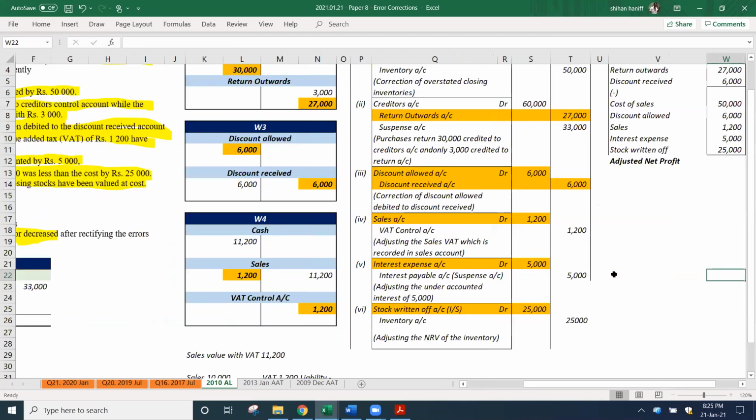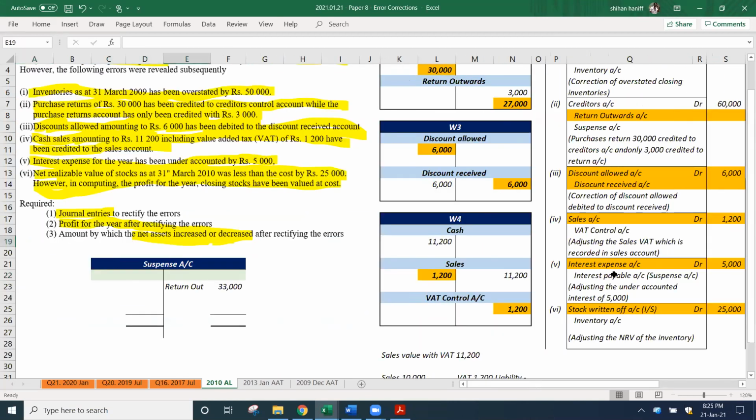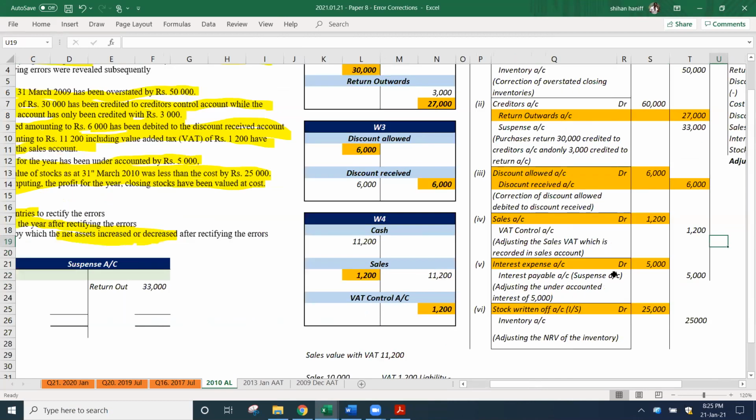Third question, the amount by which the net asset increased or decreased after rectifying the errors.